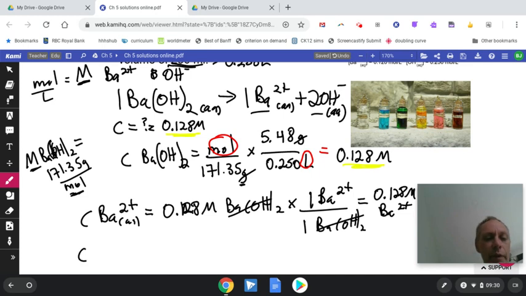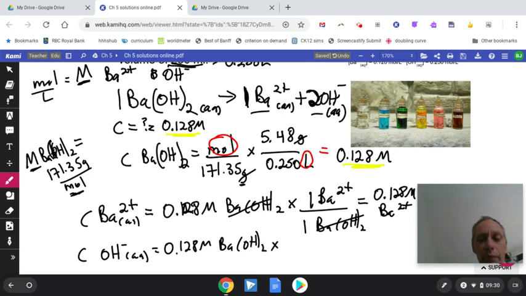Okay, OH minus. Let's make a prediction. What's the concentration of hydroxide ions going to be? Barium was 0.128. Hydroxide will be double that. It's a 2-to-1 ratio. 0.128 molar Ba(OH)2, and we're looking for hydroxide.